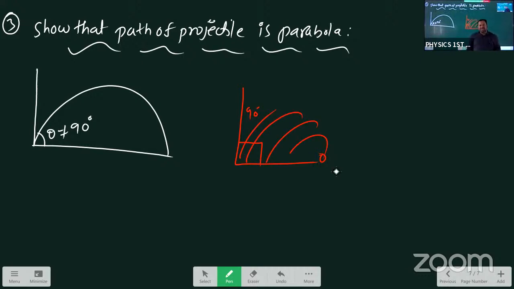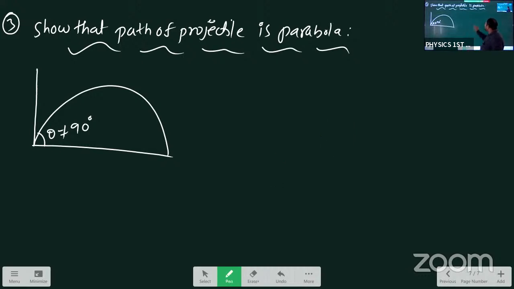A body projected other than 90 degrees is nothing but a projectile.